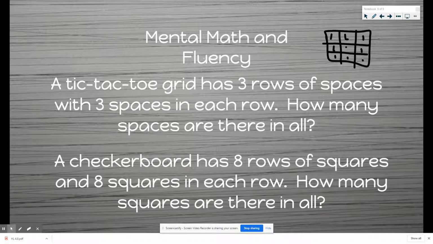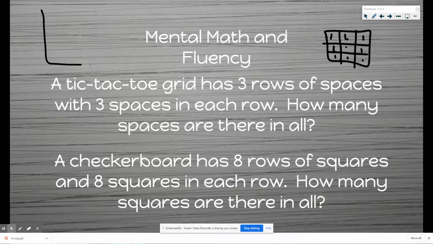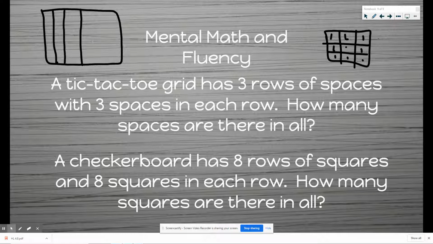Second one, a checkered board has 8 rows of squares and 8 squares in each row. How many squares are there in all? This one is a little bit trickier. It is going to be the multiplication sentence, 8 times 8. So if I'm thinking about a checkered board, I'm going to have 8 columns actually, and I'm going to have 8 rows.